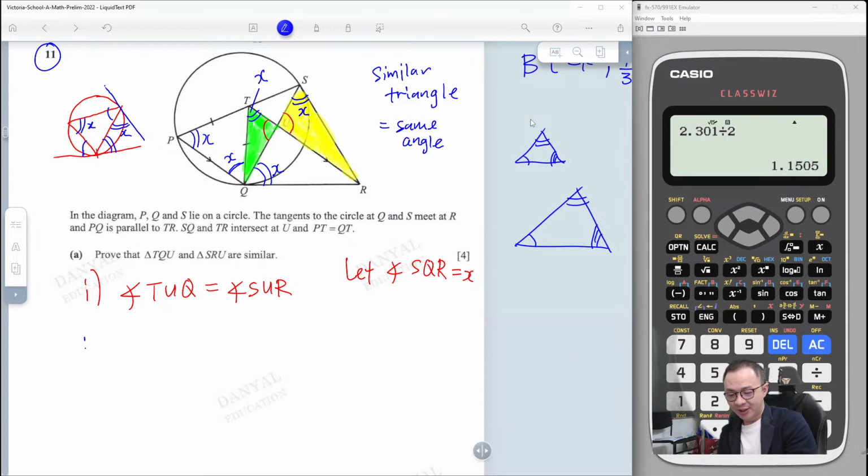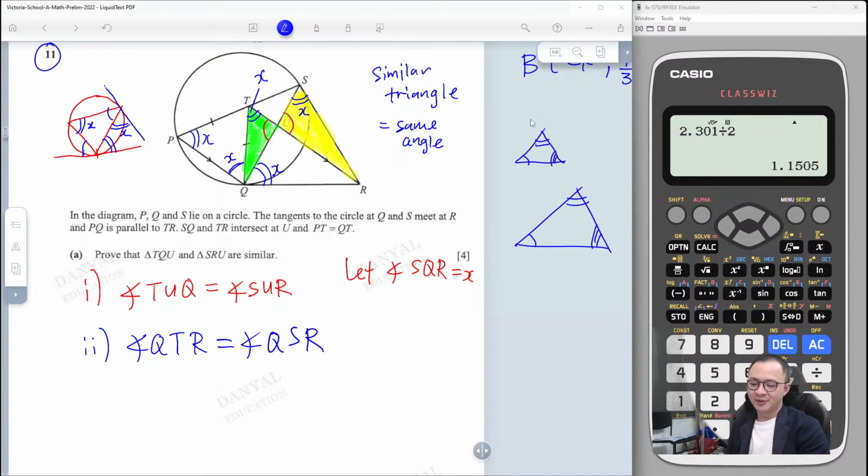Now, I prove to you the angle of QTR will be the same with the angle of QSR. Since they have two angles the same, then the third angle must be the same, right?